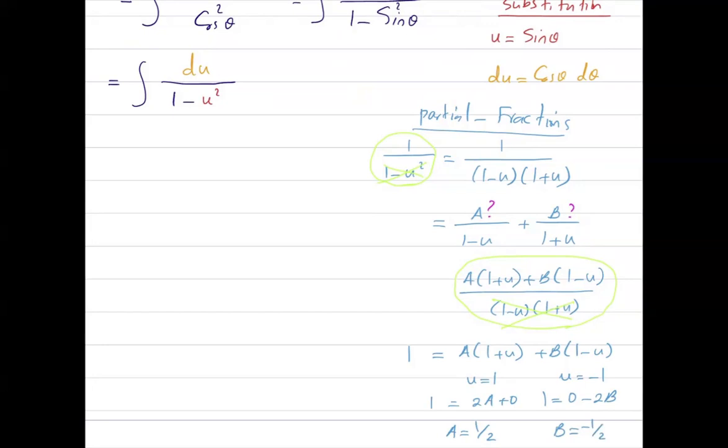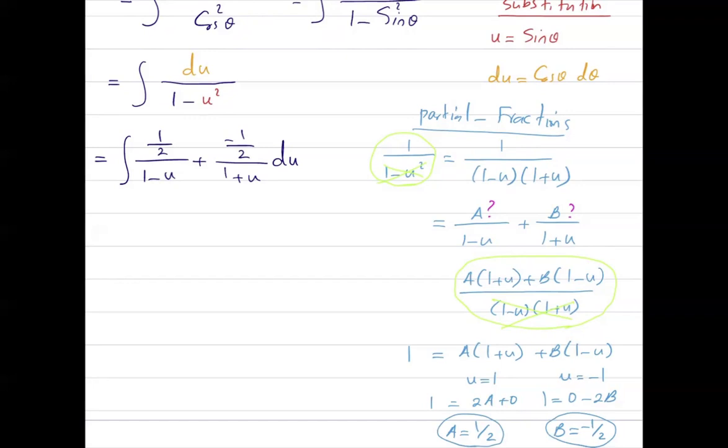Let us go back to our integral. This integral can be written as the integral of a half divided by 1 minus u plus negative a half divided by 1 plus u du. We found the values for a and b, and we substitute them into the partial fractions.